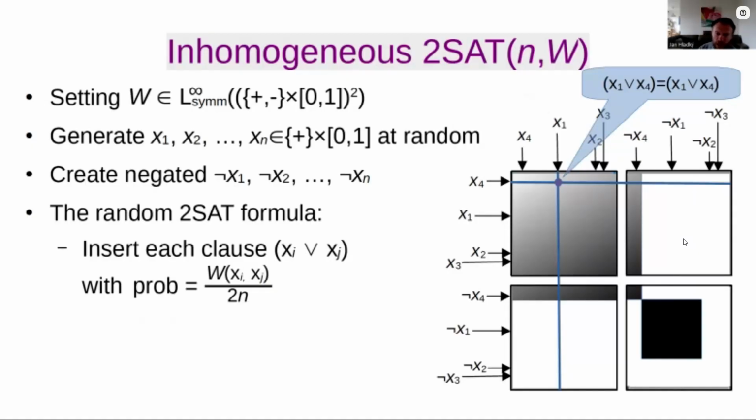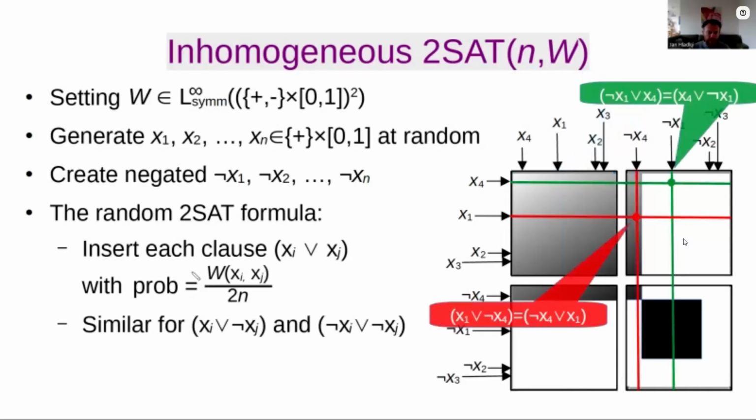Okay, so on this picture, I'm inserting a clause x1 or x4, which is the same as x4 or x1. Sorry. Okay, and how do I do it? Well, exactly as in the Bollobás, Janson, Riordan model. So I look at the value of the kernel at plus x1 comma x4, and I rescale that by 2n; that's a matter of convention.